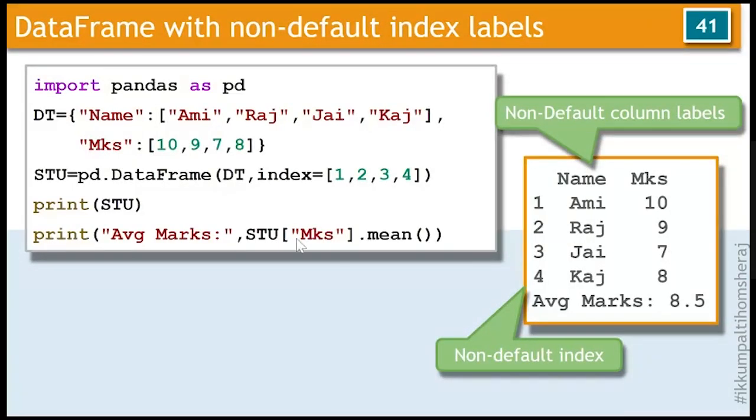So if I write stu inside the bracket and write name.mean, it will not calculate, it will return an error, because mean will be calculated only from numerical values, not from string values. So here, it is going to add all of them together, divide by 4 and give you the result as 8.5. So mean is going to be calculated on only one column, that is marks in this particular case.